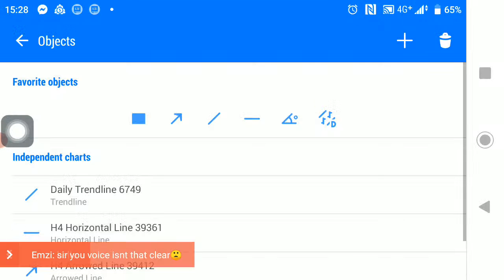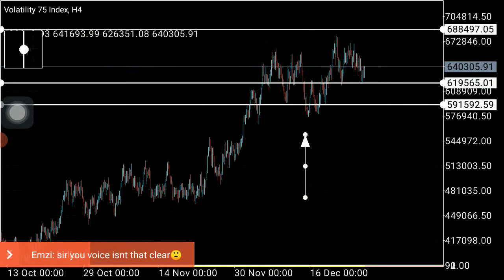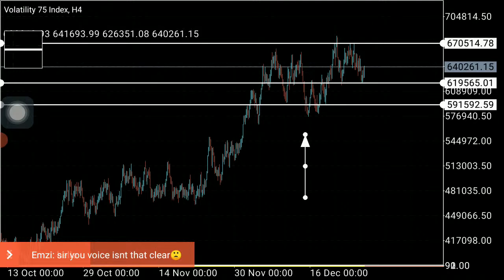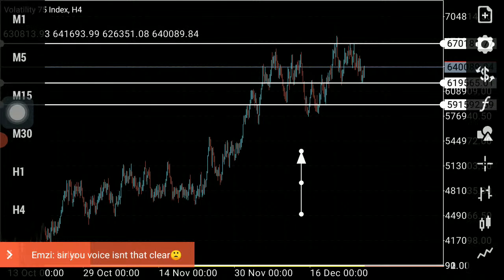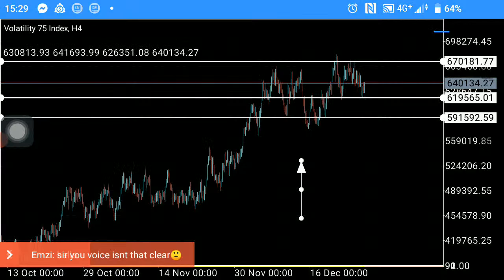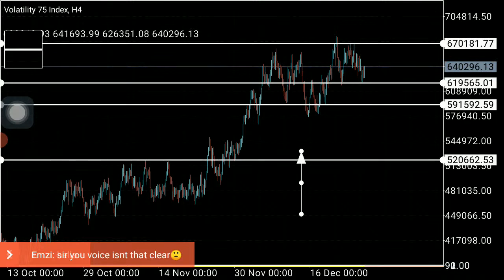Now the next, we put it on the highest, which is here. It serves here 1, it tests here 2, it tested here 3 times. You must make sure that line is tested at least 3 times plus for you to know it is a genuine one. Let's bring out one more on the 4-hour time frame here.